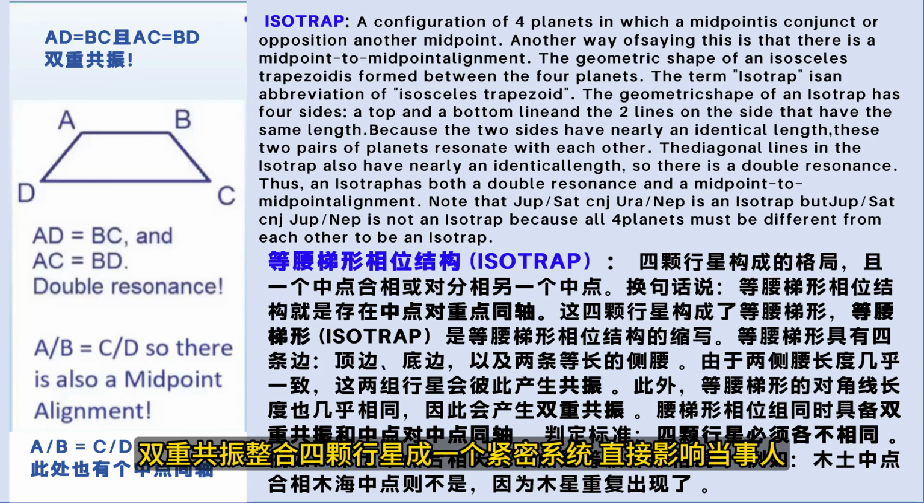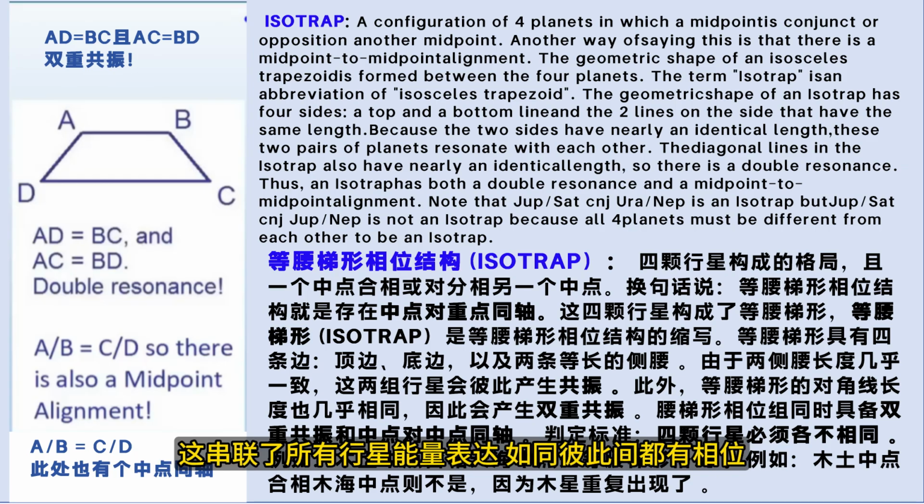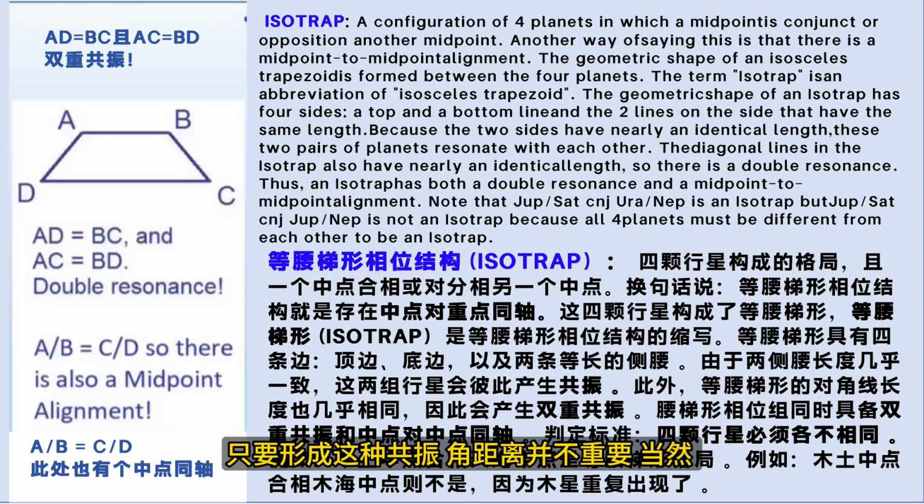And it means the person is affected. They can express those planets all connected together, almost like they were in aspect to each other. And it doesn't matter what the angular distance is to create the resonance.